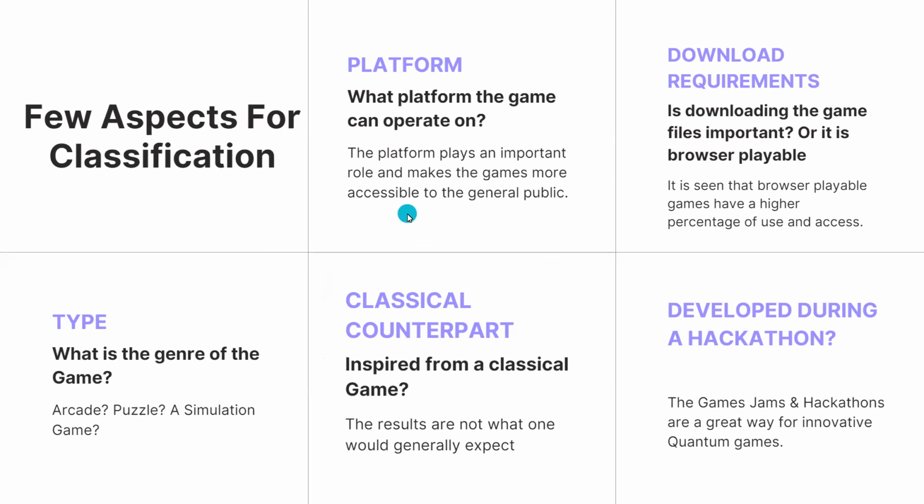There are 5 example categories. The first was the platform, so if it's a browser or Linux or Windows or Android, and this is related to the second category, the download requirements. So if it's browser playable, or you have to download the packages to your computer. This was an important question because of the accessibility to the general public.